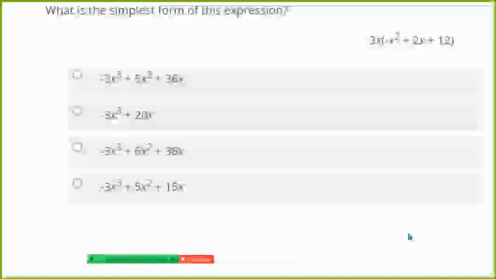Okay. No one's jumping in. So, Manaya, go ahead and just walk me through how you found your answer.